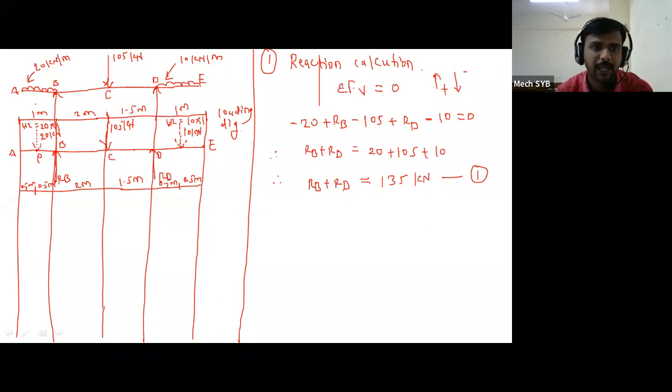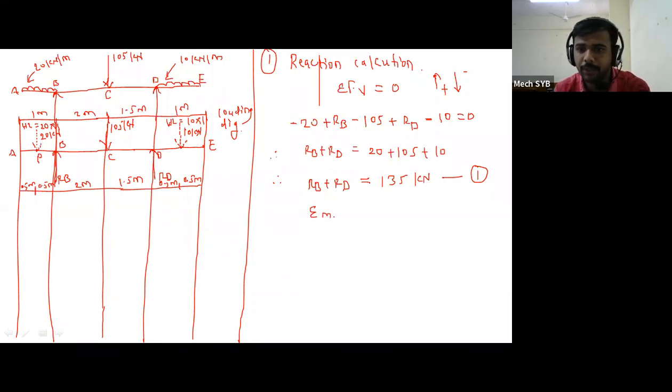In the problems so far, we took summation of M equal to 0 at point A because your reaction was at point A. But now instead of the reaction being at point A, it is shifted to point B. So what we have to do is take moment equal to 0 at one reaction point.